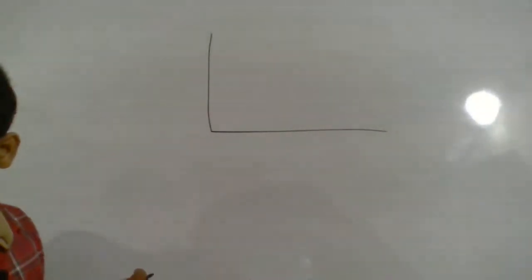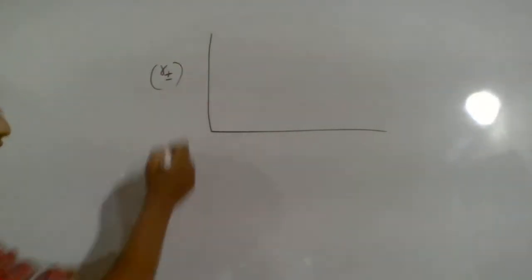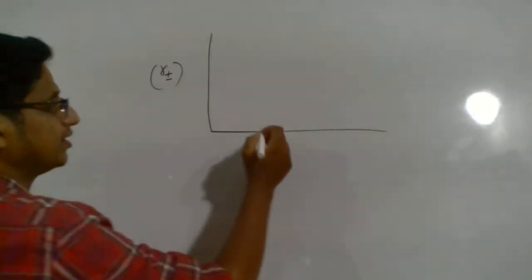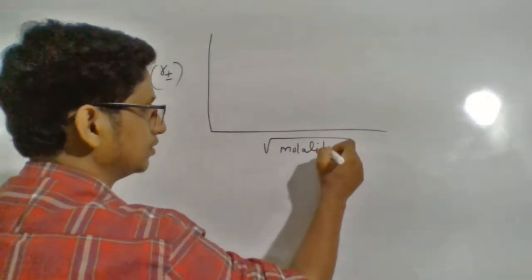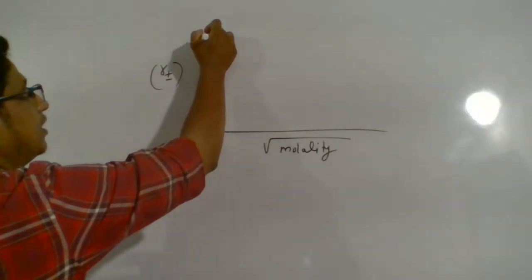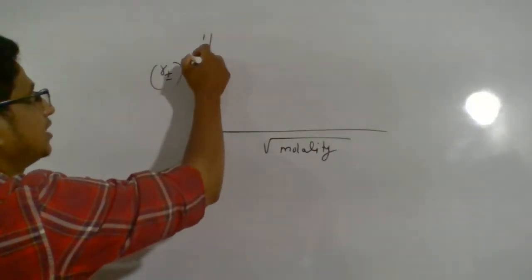Let us plot a graph between mean ionic activity coefficient versus molality. Now the graph is really interesting. Let this be 1 molar. Now the concentration will be 1 molar, and this is 0.8.